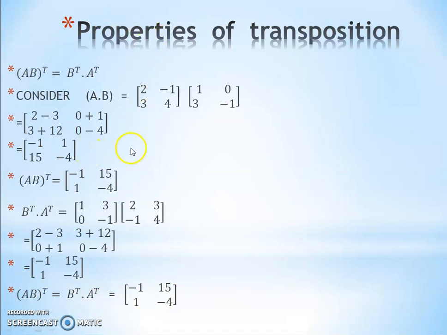Be clear about that: always remember that the multiplication is row with column, and when taking the transpose of the product, we have to take first B transpose and then A transpose. By changing rows into columns, we derive the final answer in the form of (AB) raised to T is equal to B transpose into A transpose, which is minus 1 15, 1 minus 4.